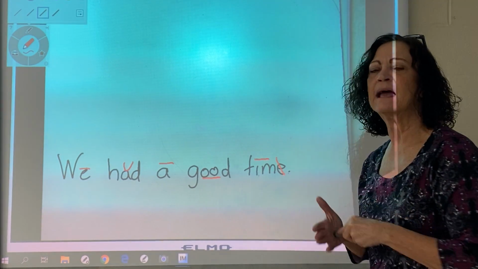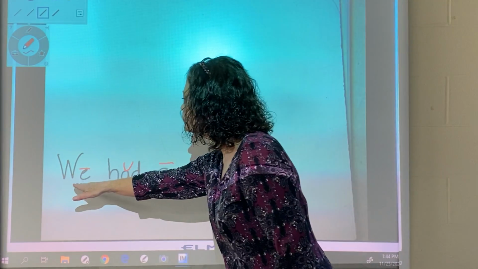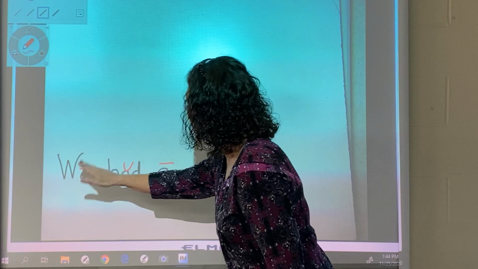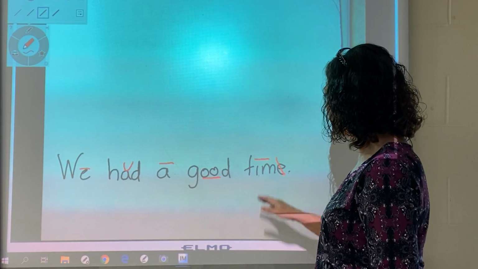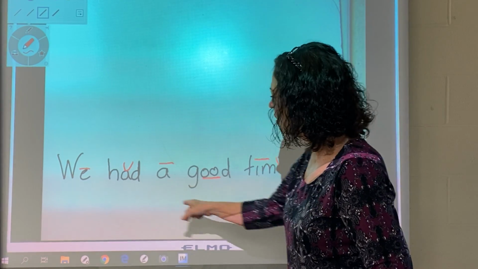And boys and girls, that is how you should be reading at home. When you first read, if you struggle with the second word, start the sentence back over every time. We had a good time. But see, I read it several times before I could figure out what all the words are.